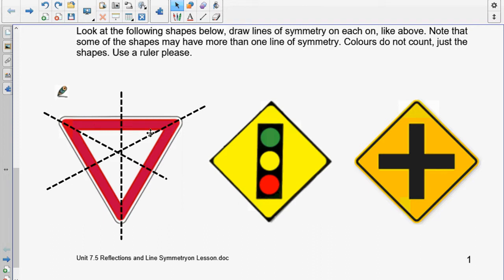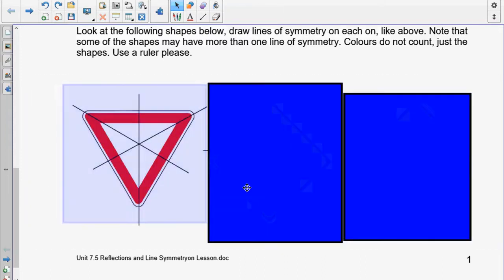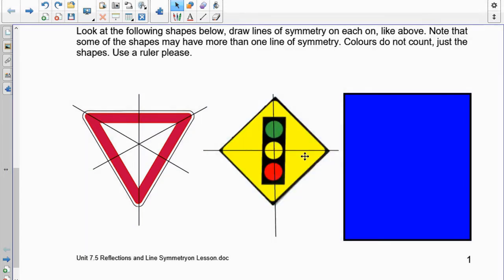All right, so first off, let's get rid of this stuff here. I've got it already set up. So there's the one that we just did. Now this one right here, you'll notice that there's only 2 lines of symmetry, and that is this way and that way here. If I try to go on the angle here, like this, you'll notice that when this folds over, it's going to come over to this side, and there's no corner there.